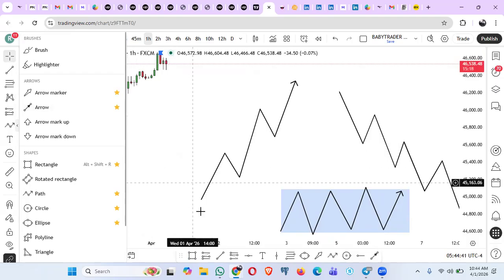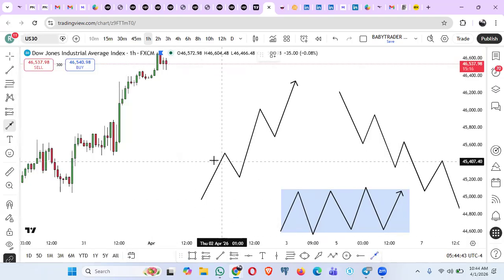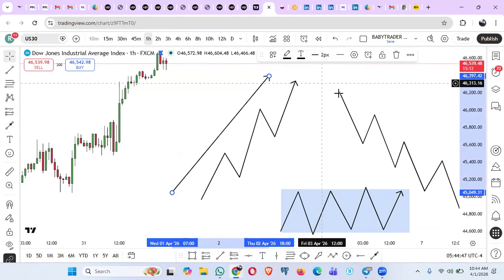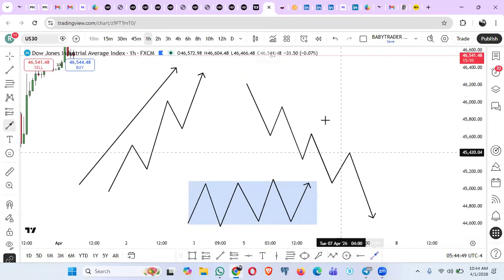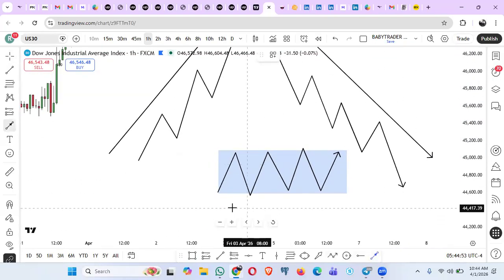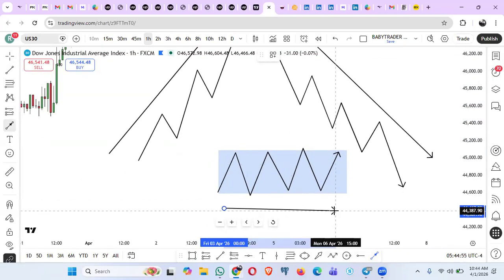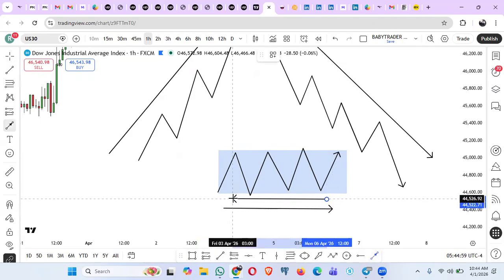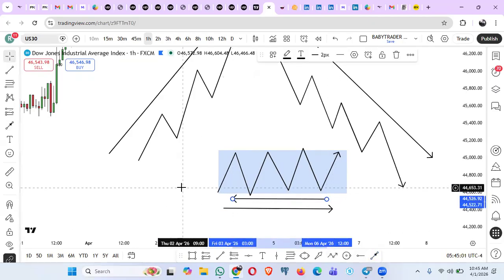This is your bullish market. This is your bearish market. And this is your range. This one is sideways, so this one is your ranging market.